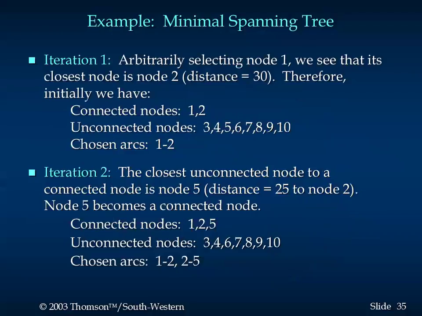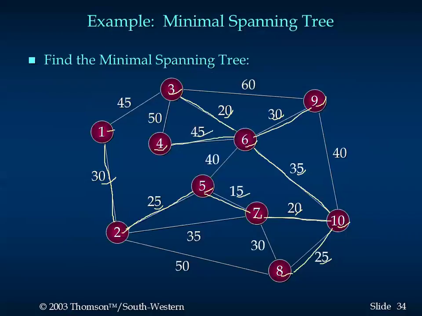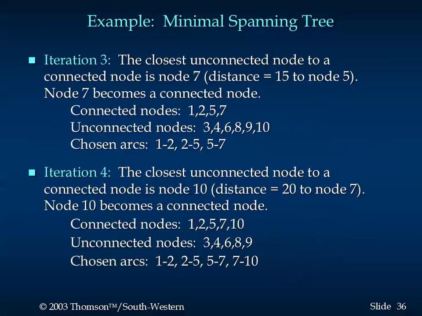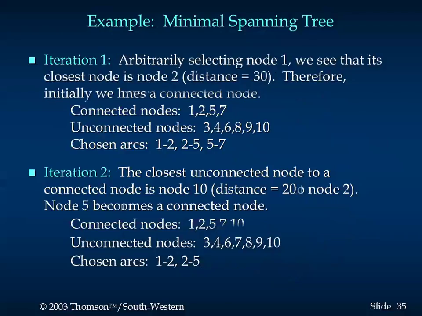So bring that in. All the others are still unconnected. Now that 5 is included, what is the closest to that? Next one is 7, which is at distance 15. So that's included.